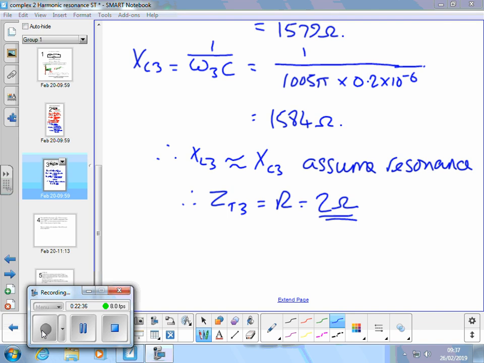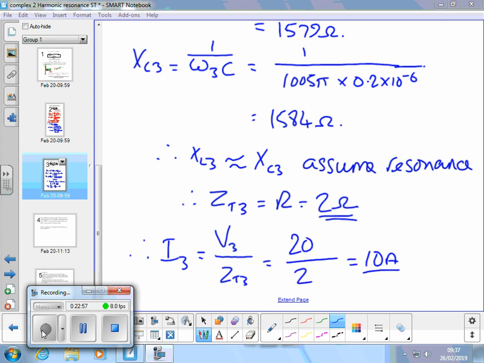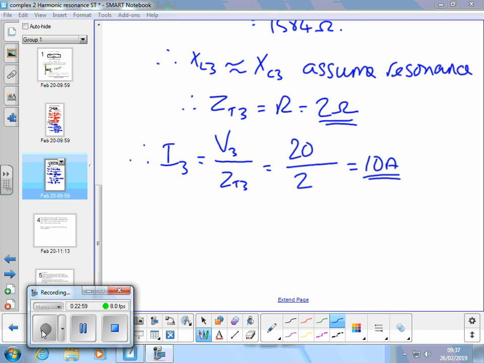Okay, therefore, I3 is equal to V3 over ZT3. What's the voltage of the third harmonic? 20 volts divided by 2 ohms equals 10 amps.